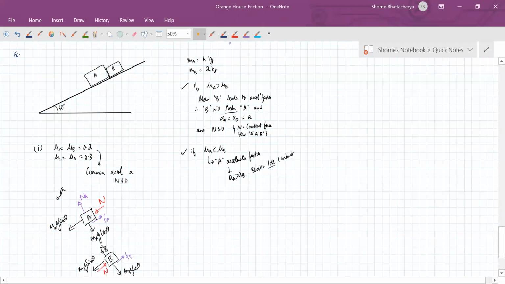Friction will be like this, and B also has the same acceleration a.